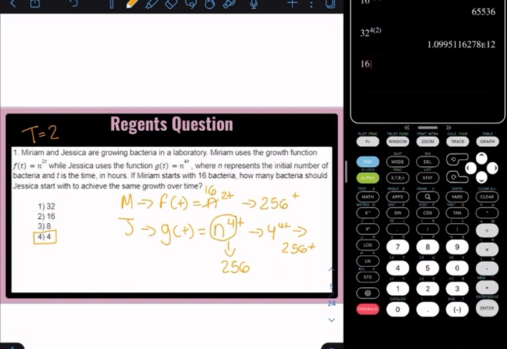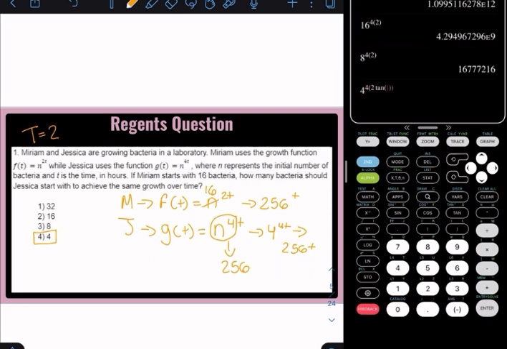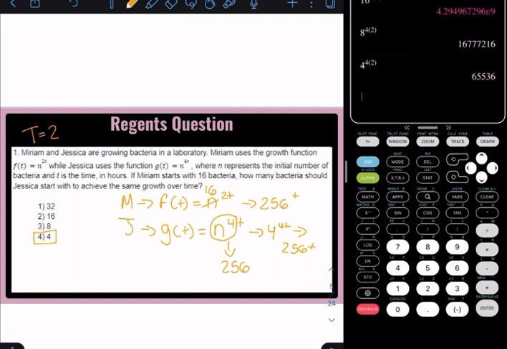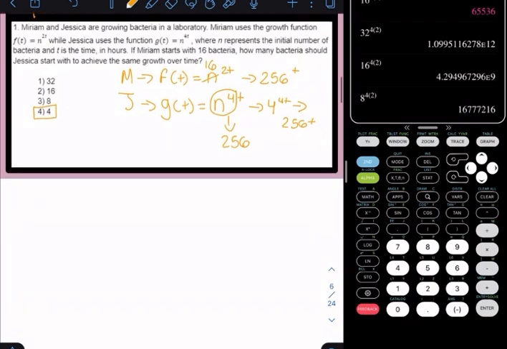Let's try 16 to the 4th power where t is 2, not the same number. 8 to the 4th power where t is 2, no good. And what about 4 to the 4th power where t is 2? That does equal the initial number we got. So it would be answer choice 4, sorry.